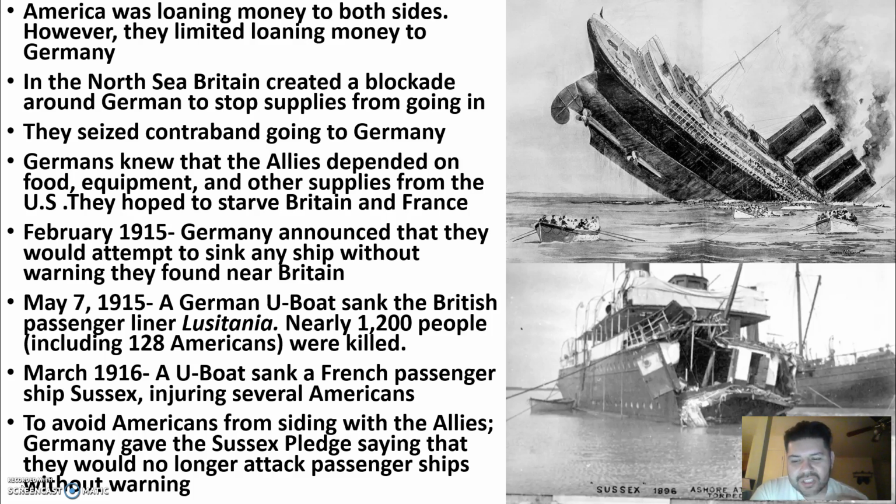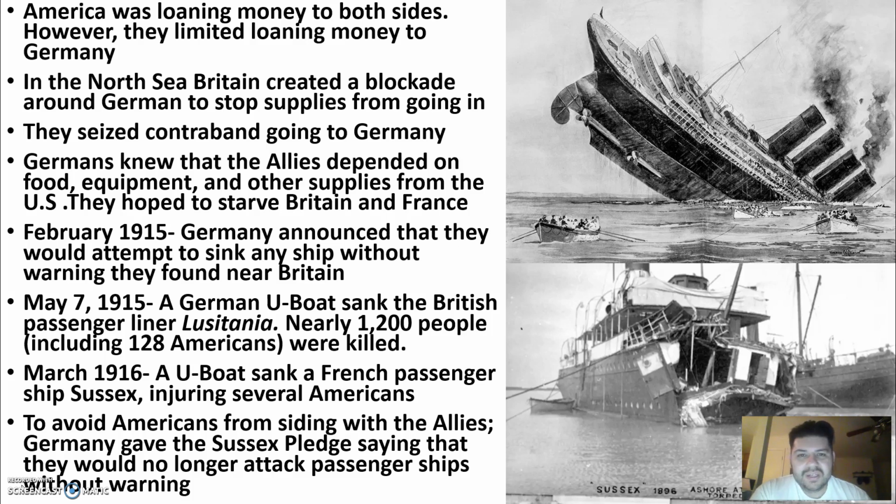Now, in March 1916, a German U-boat sank a French passenger liner called the Sussex. It injured several Americans. The picture on top to your right is an artist's drawing of the Lusitania. The bottom picture is an actual photo of the Sussex. That's actually it right there, cut in half.